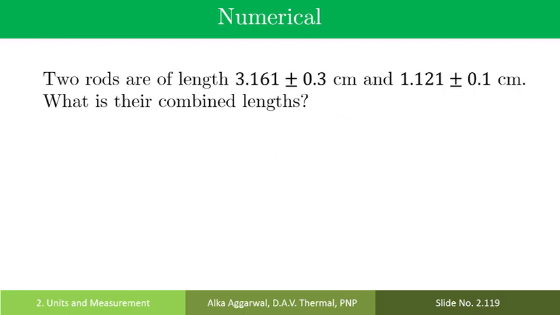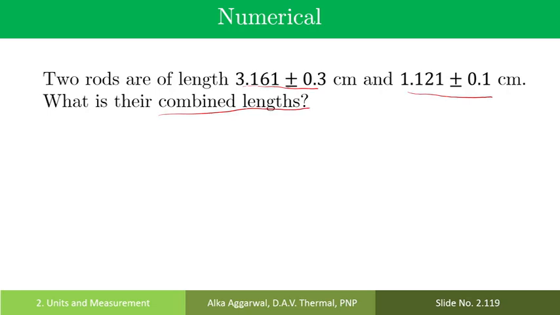let us do a numerical. Two rods are of length 3.161 plus minus 0.3 and 1.121 plus minus 0.1. What is their combined length?